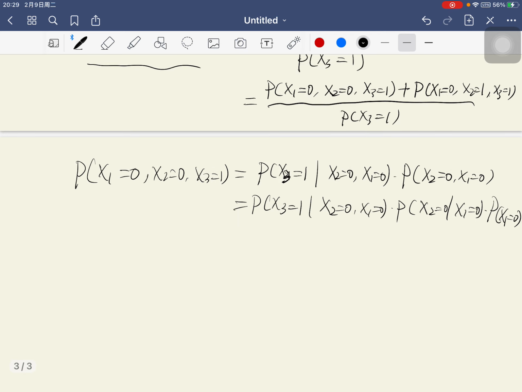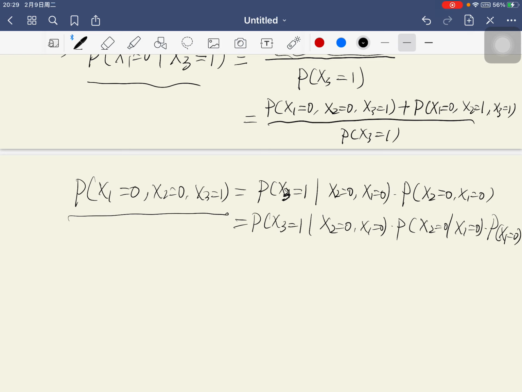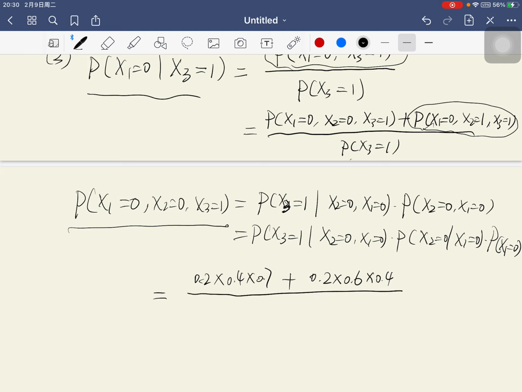In this question, the probability of x1 equals 0, x2 equals 0 and x3 equals 1 is equal to 0.2 times 0.4 times 0.7, plus the probability of x1 equals 0, x2 equals 1, x3 equals 1, which is 0.2 times 0.6 times 0.4, and we could use the above result.